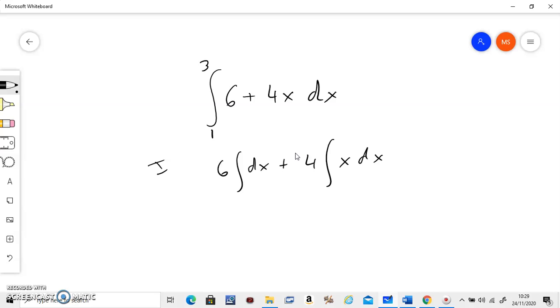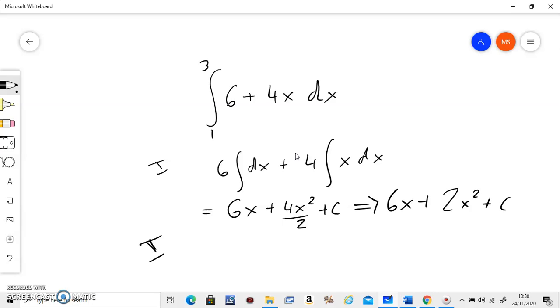And apply the formulas. We get 6x plus 4x squared over 2 plus c, which simplifies to 6x plus 4 divided by 2 is 2, 2x squared plus c.